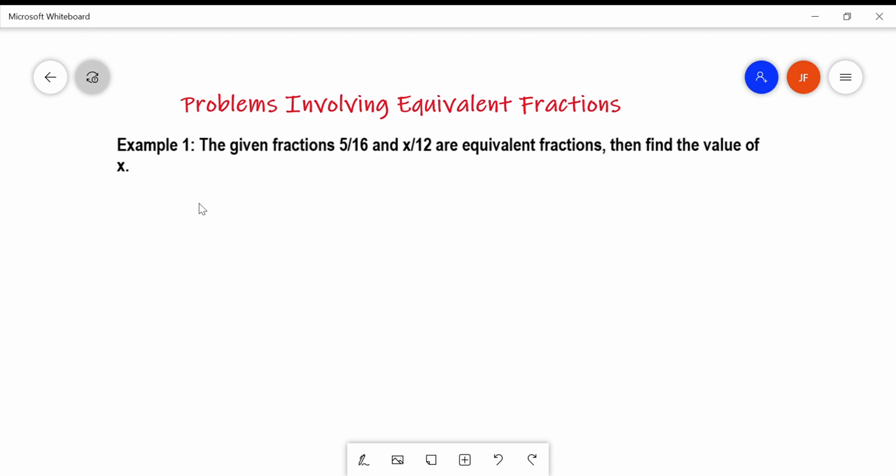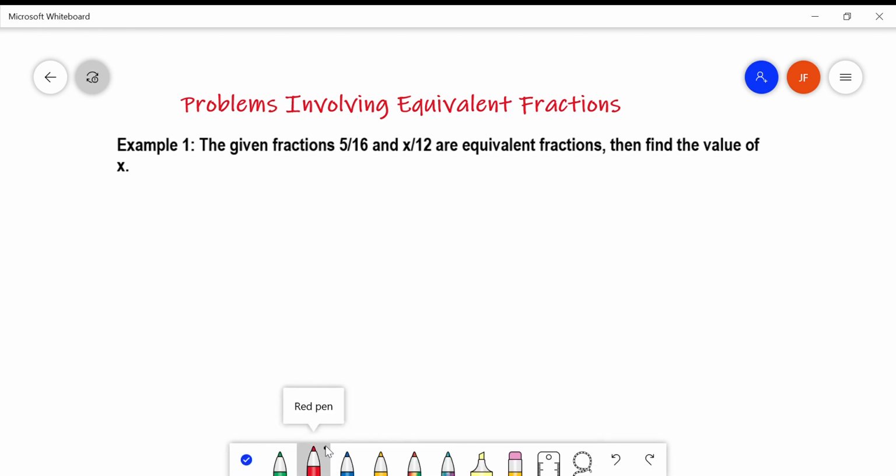Okay, for our solution, we are going to use the ratio and proportion way of solving this problem. Okay, so we have here 5 over 16 is equal to x over 12.